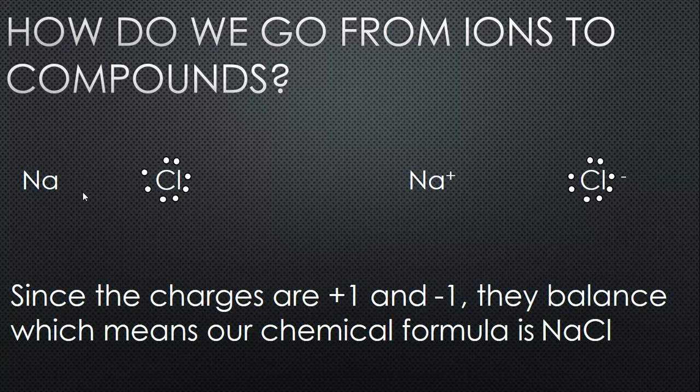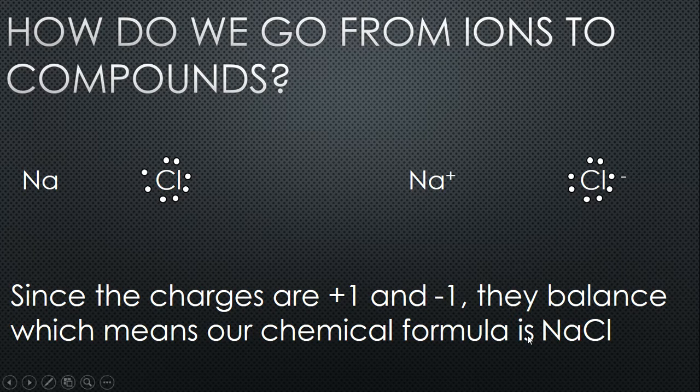And so at this point, they're charged, right? Sodium has a +1 charge because it just lost 1 electron, and chlorine has a -1 charge because it just gained 1 electron. And so the thing that makes them ionically bonded is these charges draw them together. And that attraction is their ionic bond.